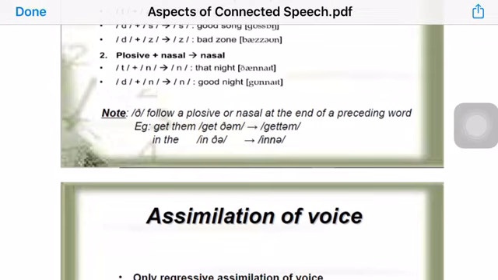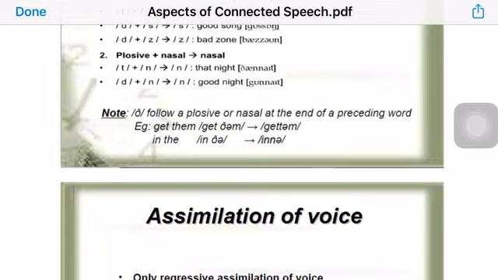In the, becomes "inne." So we have a very similar case when we have a change in the manner of articulation. When we have "the," that would be changed into "in the," "inne," "get them," "get 'em."